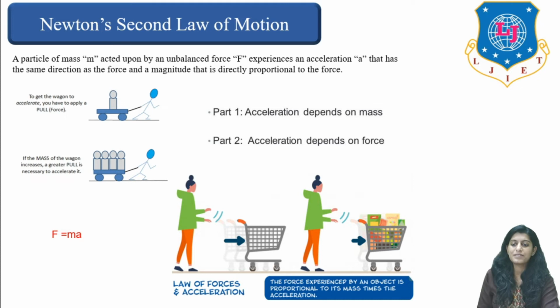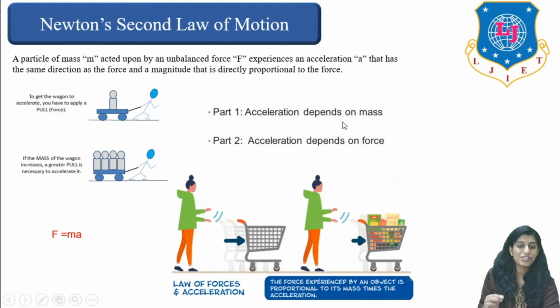That means, to get more clarity on the second law of motion, let us assume that we have a cart, an empty cart. The force which is applied to move an empty cart is less as compared to the force which is applied to move a cart which is completely filled with goods, right?